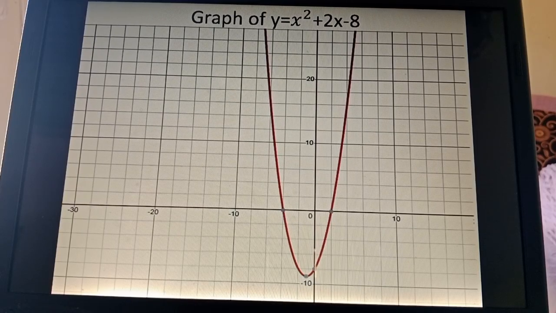So you sketch those points and you get a very good curve.